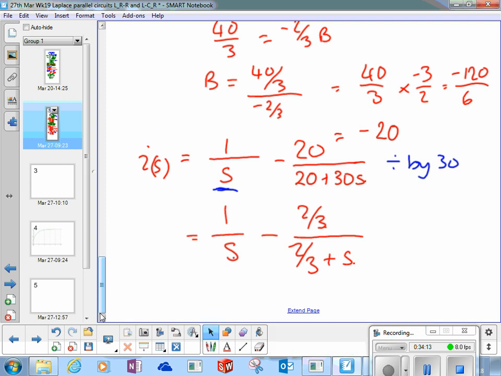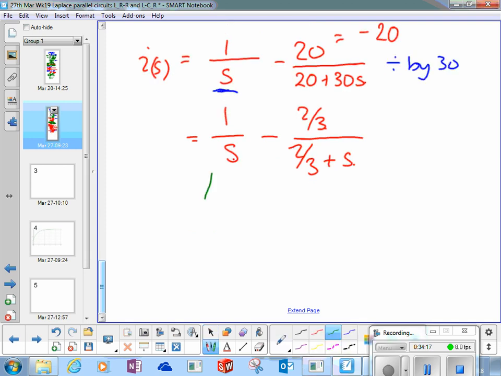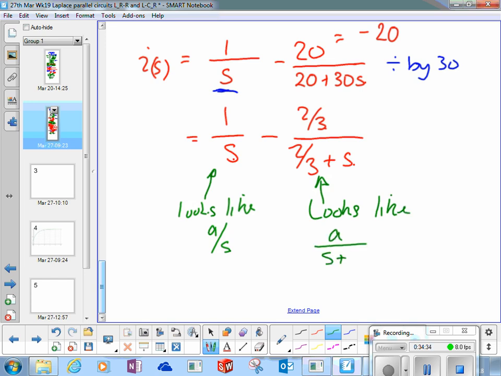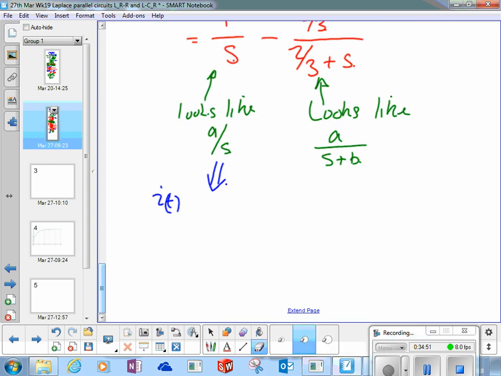Therefore, this now looks like A over s, and this looks like A over s plus B. So that transfers back to an I(t) equal to 1 for that bit, minus 2/3 e to the minus 2/3 t.